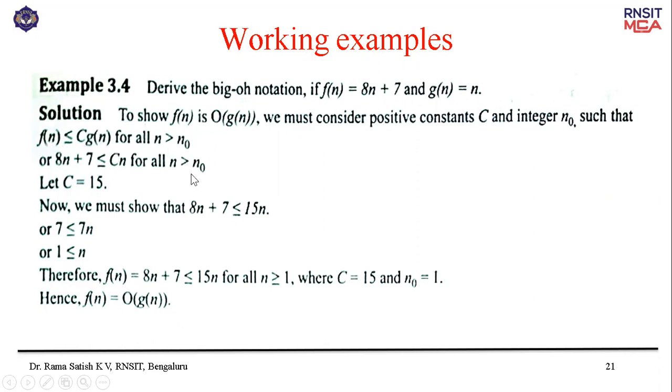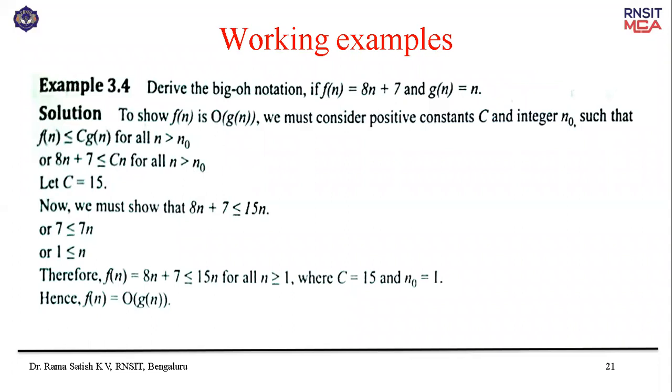You write the definition. Next, f of n is, in this equation, 8n plus 7. 8n plus 7 should be less than or equal to c of n, cn, for all n greater than n0. Let us consider c is equal to 15, some number you take.